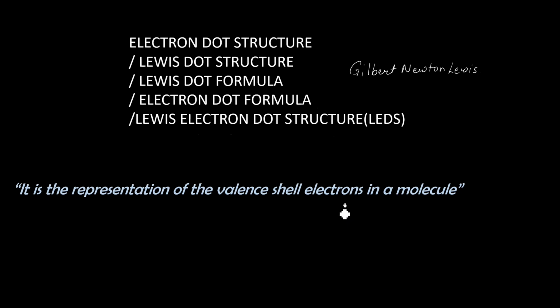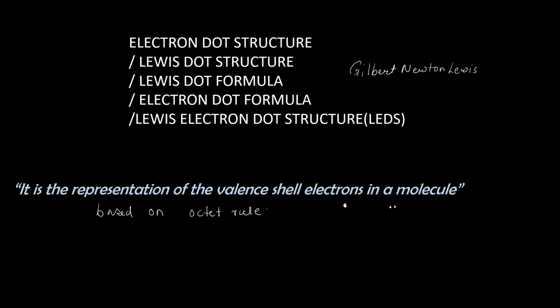If there is any excess of electrons, they are shown by a lone pair of electrons. A lone pair means two electrons. So we can say the Lewis dot structure is based on the octet rule.